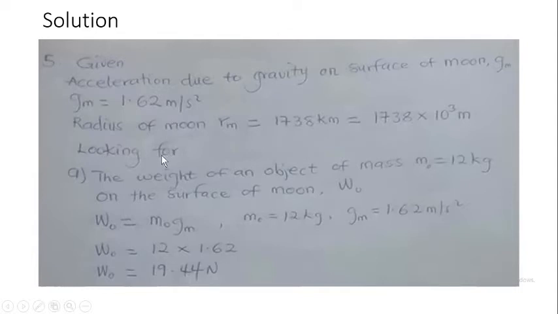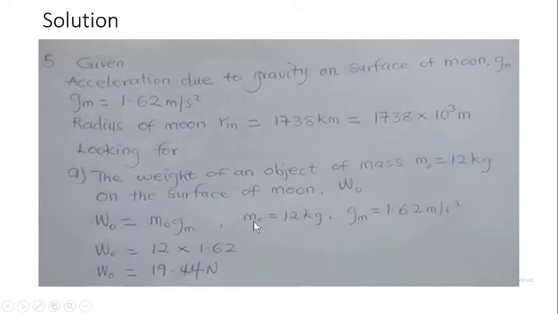Now, what are we looking for? Part A says we should calculate the weight of the object of mass 12 kilograms on the surface of the Moon. Now, to calculate the weight of a body, you multiply its mass times gravity. But in this case, we are using the gravity on the Moon because we have to calculate the weight on the Moon. So the weight of the object of mass 12 kilograms should be the mass of that object times the gravity on the Moon's surface.